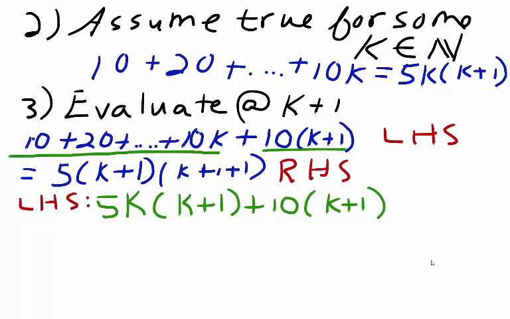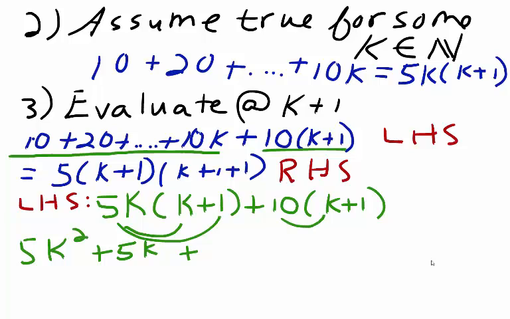and we use our basic rules of algebra to simplify. Our distributive property gives us 5k squared plus 5k plus 10k plus 10.